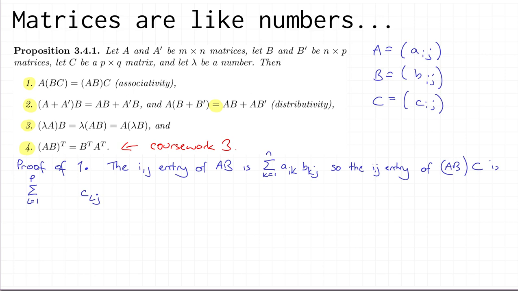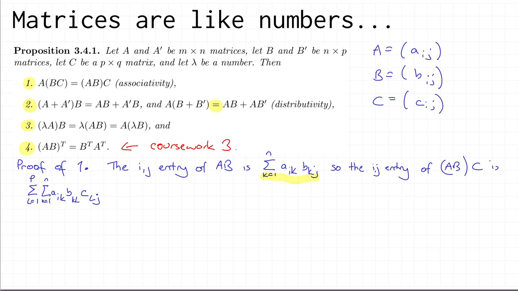So the IL entry from AB should be obtained just by putting L in place of J in the expression that we wrote down just here. So what I will have is another sum from k equals 1 up to n. Then it will be AIK, BKL.